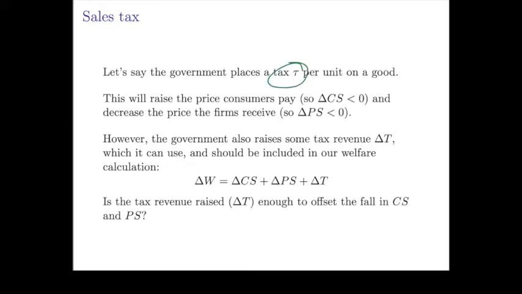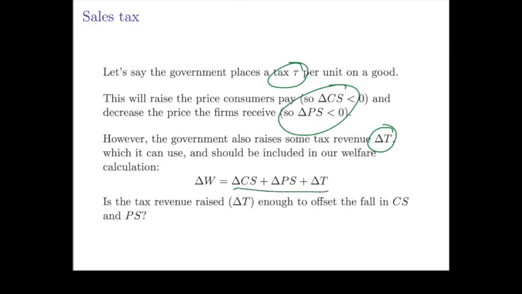However, though the consumers and the producers are going to suffer some loss, the government is going to raise some revenue, and we'll represent that revenue by delta T. So that's tax revenue that the government raises, and we should include that in our welfare calculations.